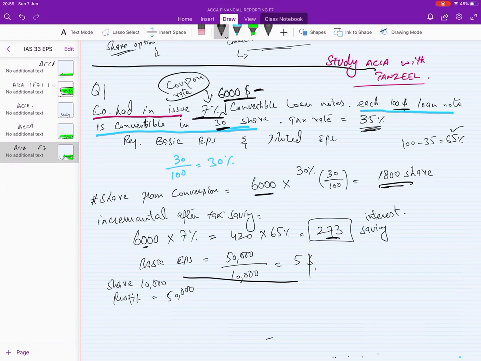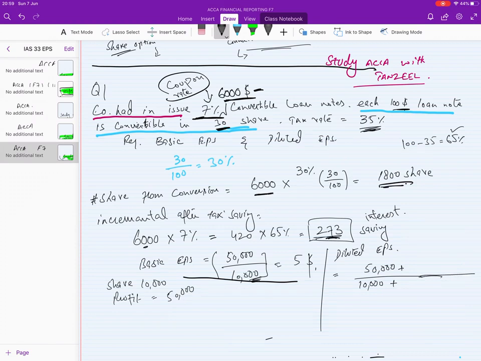Now diluted EPS, how will you calculate it? It's the same way: you calculate basic EPS and then you add the number of shares and the saving. So take 50,000 profit divided by the 10,000 shares the company had before, before the loan was paid off.